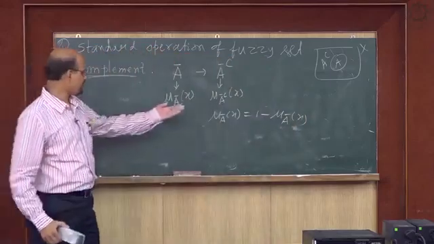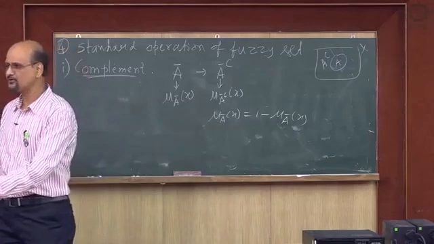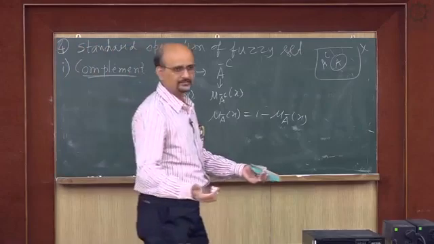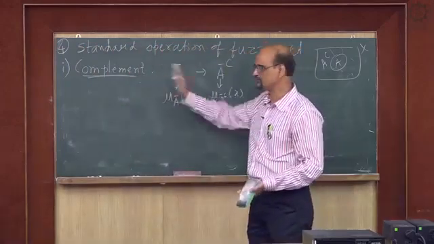So if for any element x the membership value is 0.8, then for the complement it will be 0.2. It is like negation, whatever is there, 1 minus that. So that is your complement.